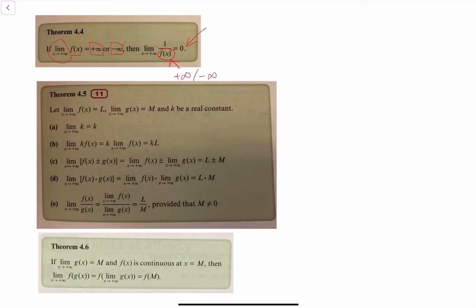So this is theorem 4.4. For theorem 4.5, it is simply like what you have learned before, and also theorem 4.6. So I think we better go into practice instead of looking into the details of this.